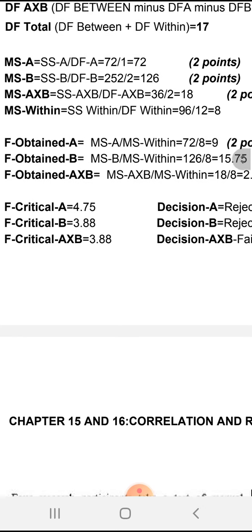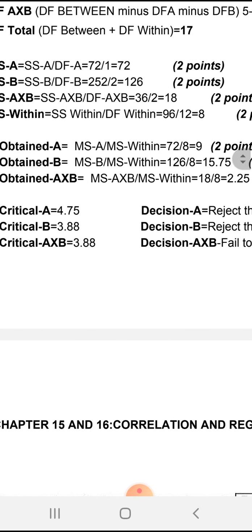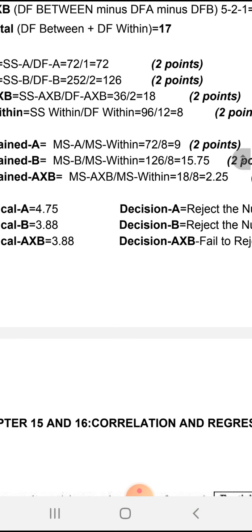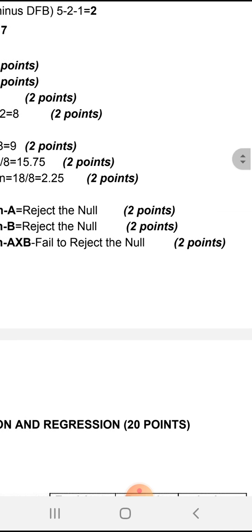For the last F critical, the interaction, the F obtained is 2.25 and the F critical is 3.88. 2.25 is not greater than 3.88, so we fail to reject the null.